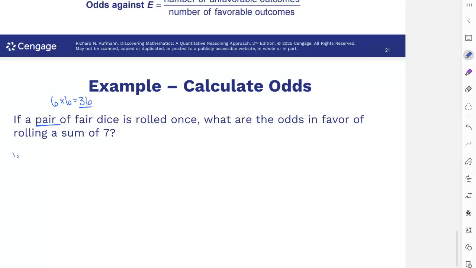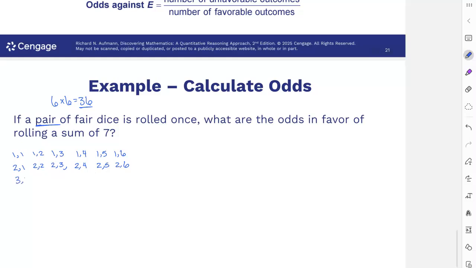Well, we could have a 1 on the first die and a 1 on the second die. We could have a 1 on the first and a 2 on the second die, or a 1 then a 3, or a 1 then a 4, or a 1 and a 5, or a 1 and a 6. Or we could have a 2 on the first one and 1 on the second one, 2 on the first and 2 on the second, 2 on the first and 3 on the second. I'm getting tongue-tied today. And you see all those different possibilities.